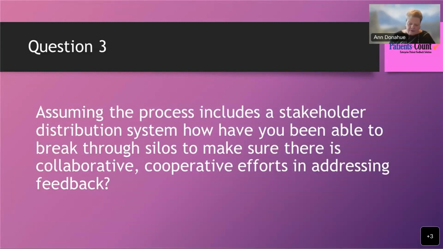We've been able to, number one, look at each question that we have on our surveys or data feedback instrument, whatever we want to call it. And for every single question, you should have a list of stakeholders that apply to that specific question.